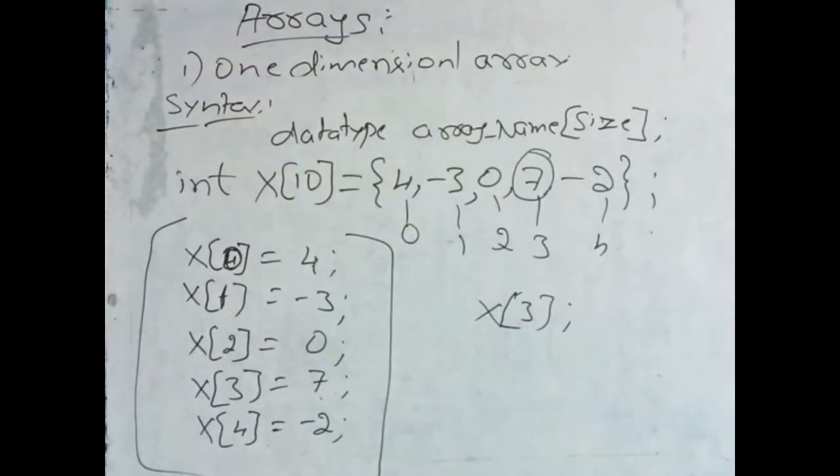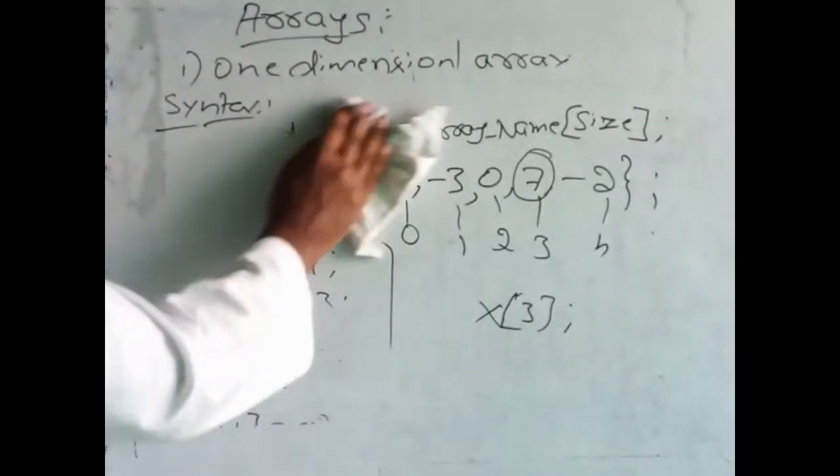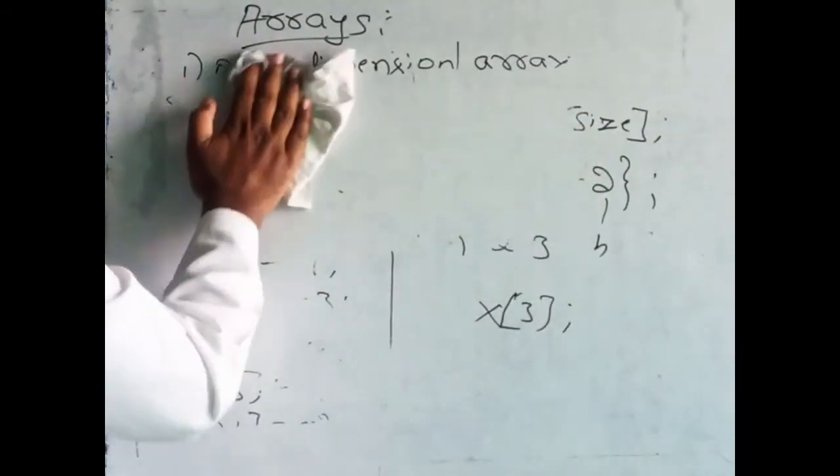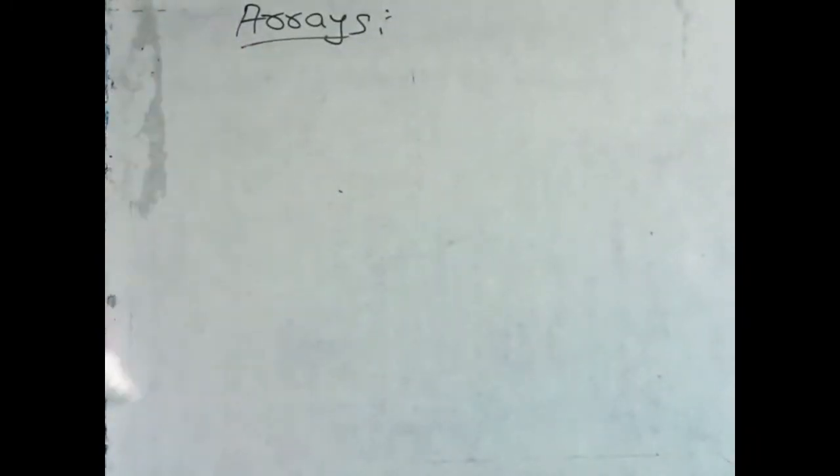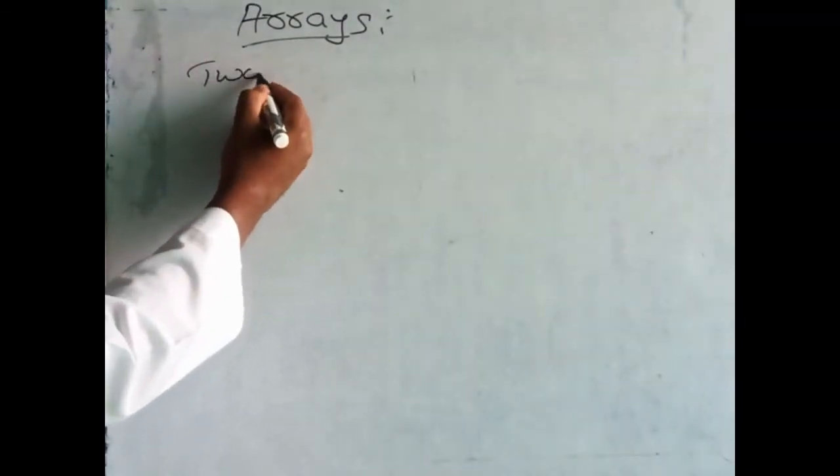Now we will see the two-dimensional array. Two-dimensional arrays are those which contain two subscripts.